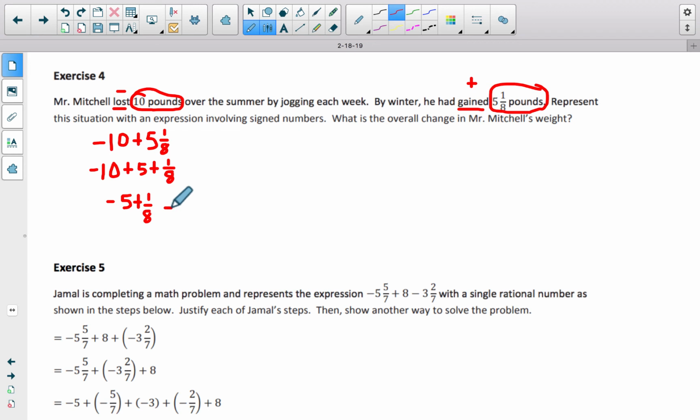Now, I have enough number sense to know -5 plus 1/8 is -4 and 7/8. Essentially, I'll write this out in case you're kind of stuck, if I can rewrite this as an improper fraction with a denominator of 8, that would be 40. 5 times 8 is 40. 1 times 8 is 8. Plus 1/8.